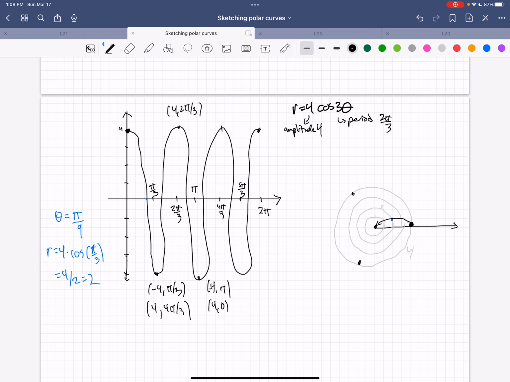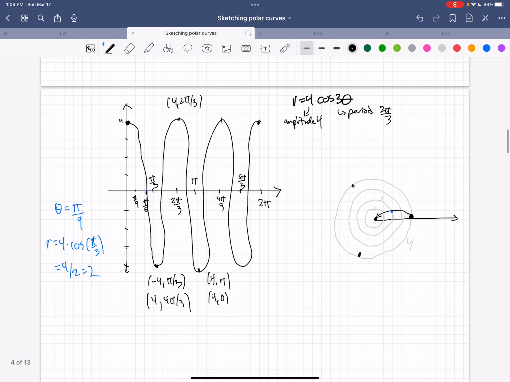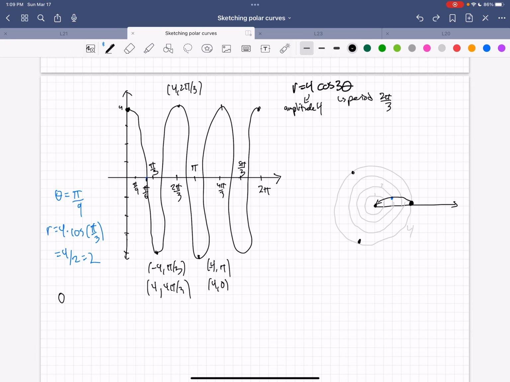Then let's choose an angle that's after we come back in. So if this was at pi over 6, here we were just looking at pi over 9. Let's see. Do 2 pi over 9. And I'll do another color just to make it easier to see. So 2 pi over 9 should be there.